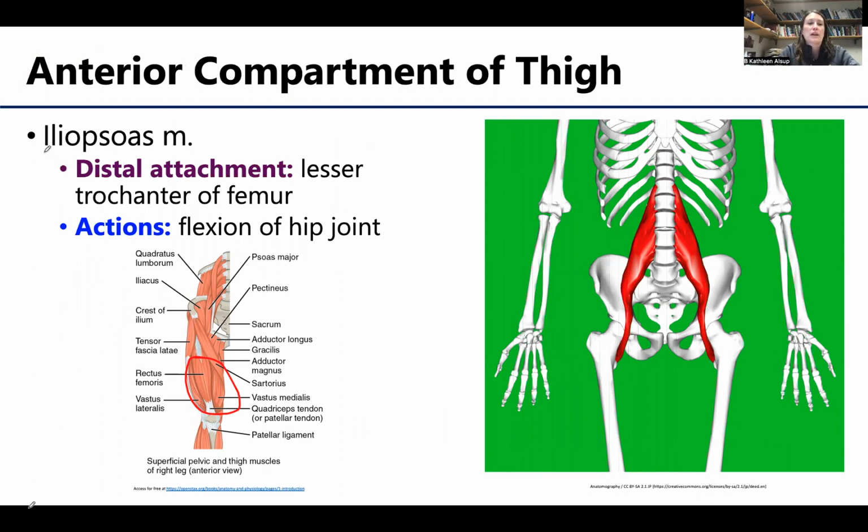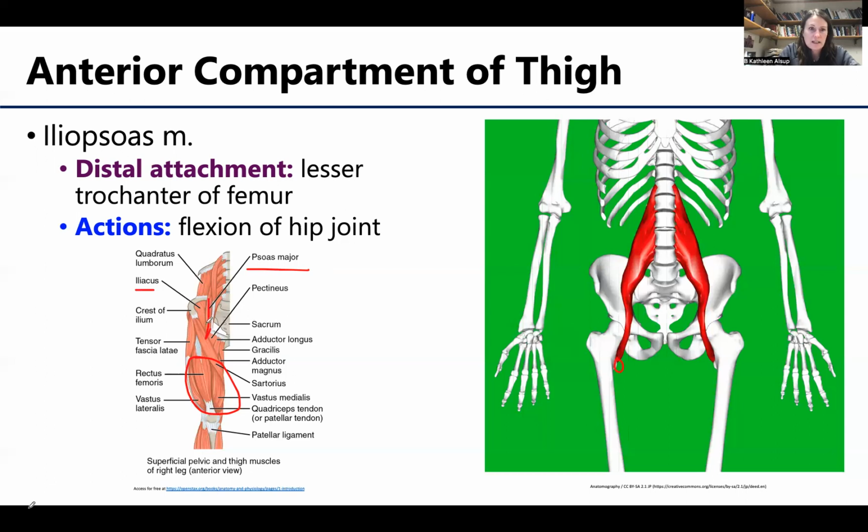And so this first muscle that we have here is very powerful, but it's kind of hidden. You can't really see it very well. You can see it kind of coming together, but when you're actually in the anterior compartment of the thigh, it's going to dive fairly deep to insert on this lesser trochanter right here. And this is the iliopsoas muscle. This is actually composed of two muscles that are located more in the abdominal pelvic region that come together with this common tendon to the lesser trochanter, and that would be the psoas major, which you can see here, and the iliacus muscle.